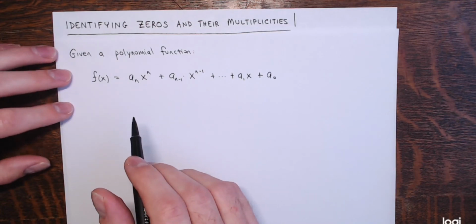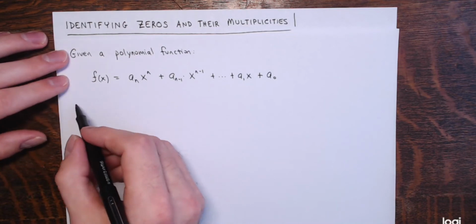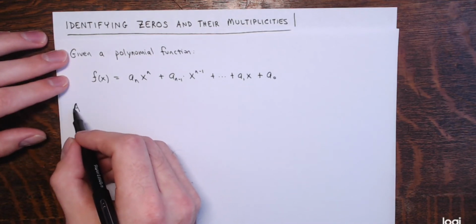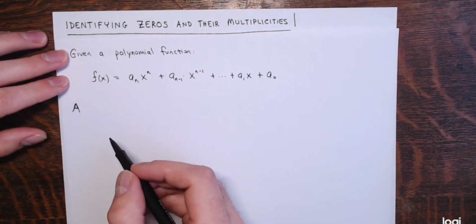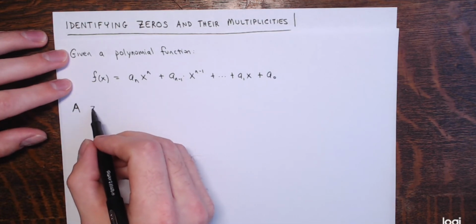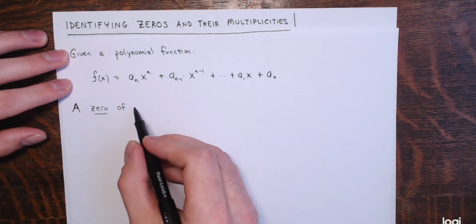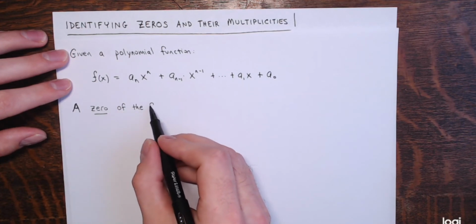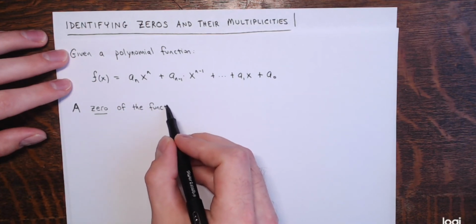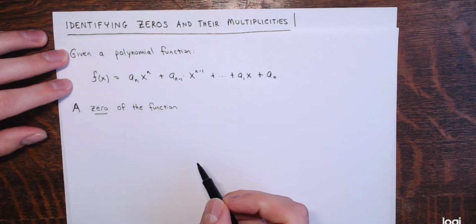Alright, now we've seen this before in a previous video, but I'll just redefine it here. A zero of the function is an x-intercept, also called a root.